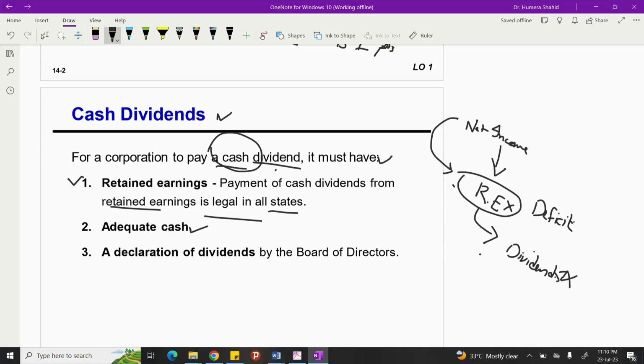And the first and most important thing is the board of directors should declare the dividend. The board of directors declares the cash dividend when the company has retained earnings and enough cash. Without declaration, the company cannot give the dividend to the stockholders.